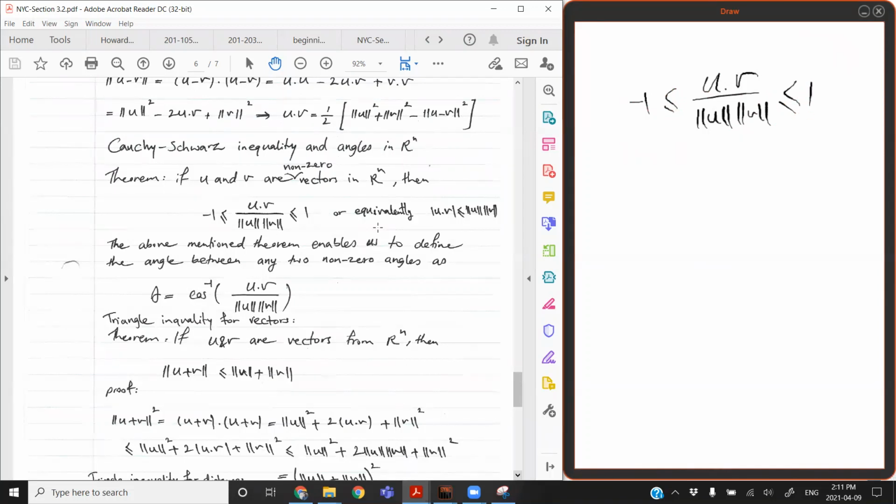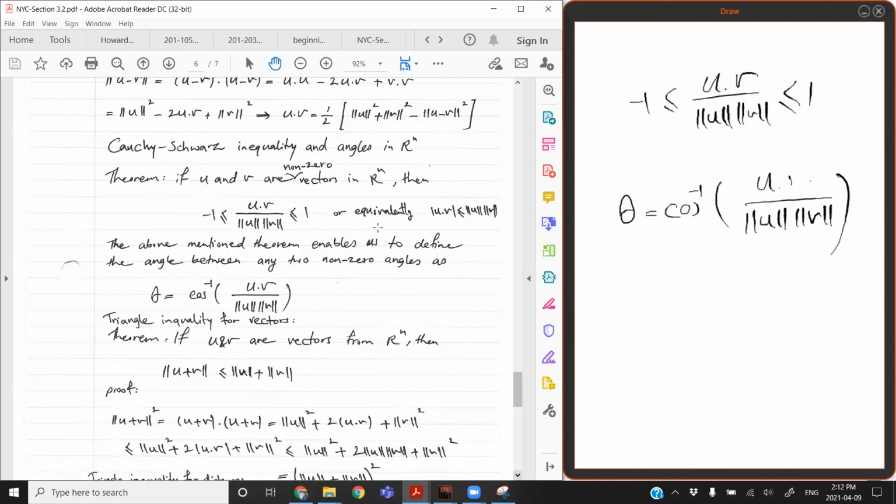It helps in defining the angle between any two vectors in Rn. So using this, we're going to define theta to be cos inverse of u dot v over the norm of u times the norm of v.